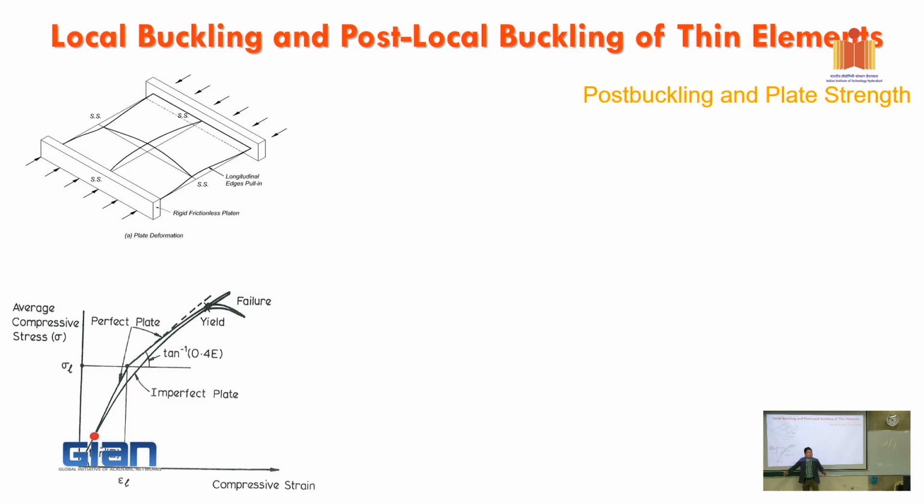it actually can carry more load. It keeps increasing, but it changes the slope, so it changes the stiffness. It loses about 30 or 40% of stiffness here, then it gets to nearly yield and then it fails.